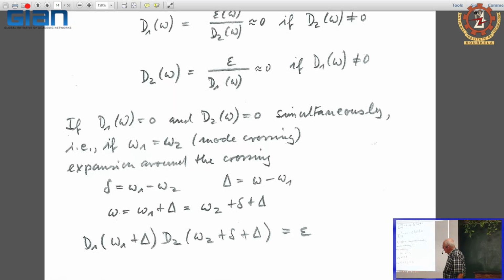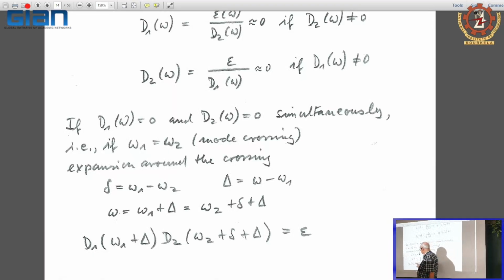And we have to solve the dispersion relation D1 at omega, expressed as omega 1 plus capital delta, times D2 of omega, expressed as omega 2 plus small delta plus capital delta, equal to epsilon.